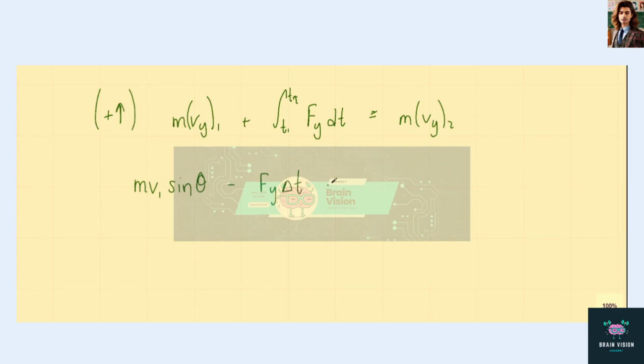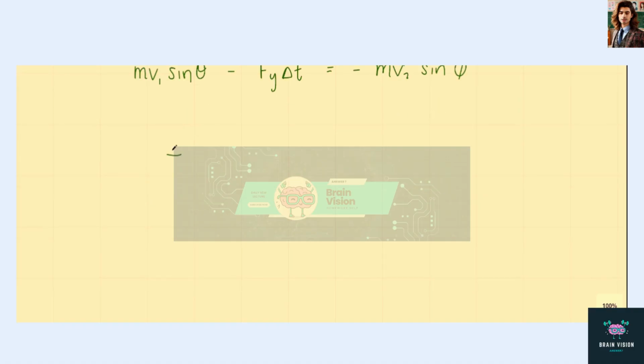Delta t is the same as above, and this is equal to minus m v2 times the sine of phi. So again, we can rearrange this equation and find an expression for the y component of this force, and this is m v1 sine theta plus m v2 sine phi, again all over delta t. We call this equation number 3.